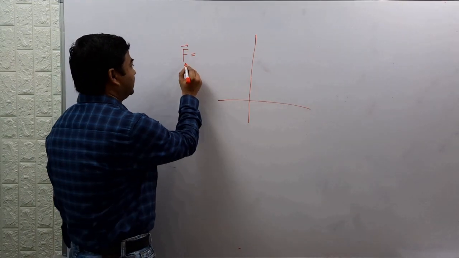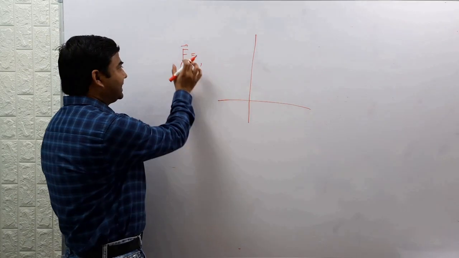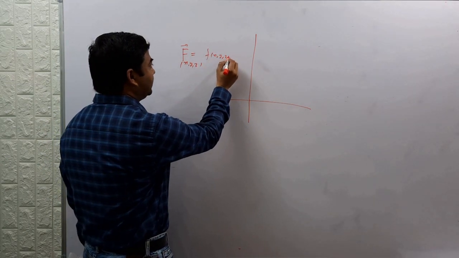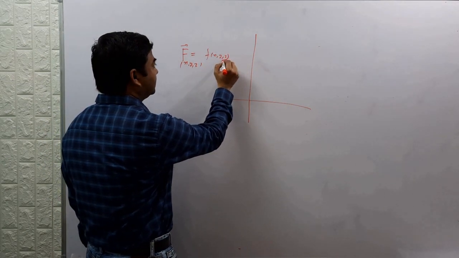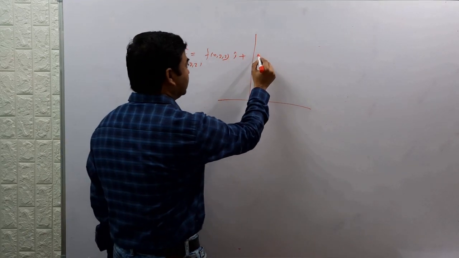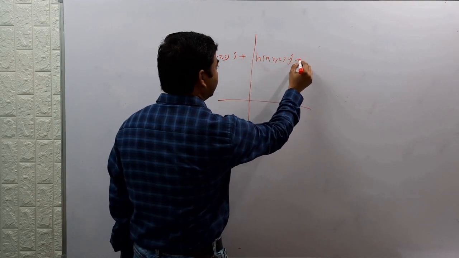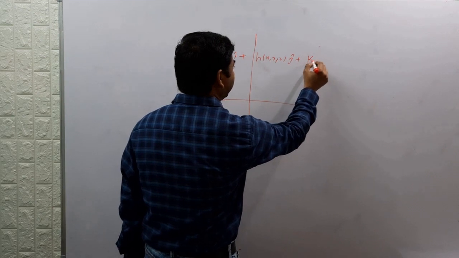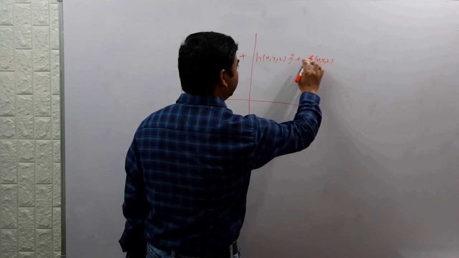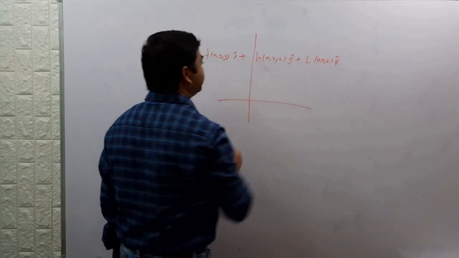So at a point x, y, z, the vector field at point x, y, z can be defined as a function f of x, y, z i plus another function, let h of x, y, z j plus another function, let l of x, y, z, and here unit vector k.